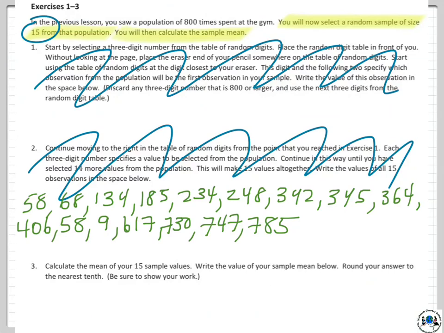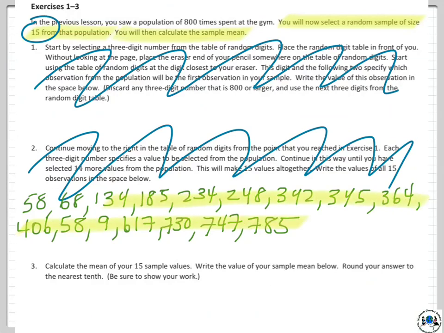It's time consuming, so get used to it for the future. I went to my Rossman Chance applet and generated my 15 random numbers.